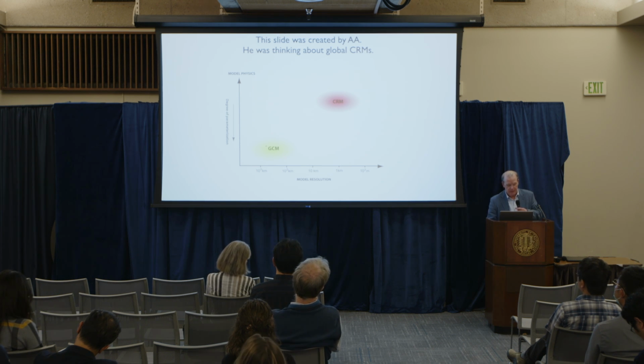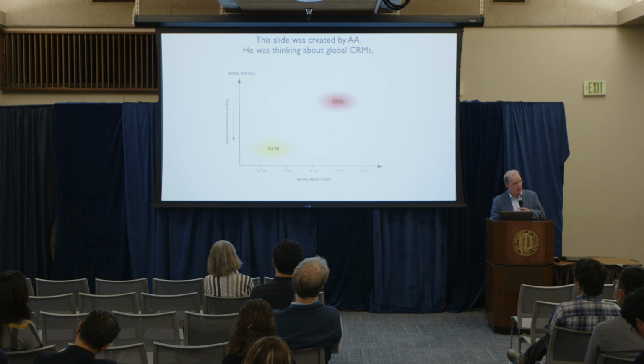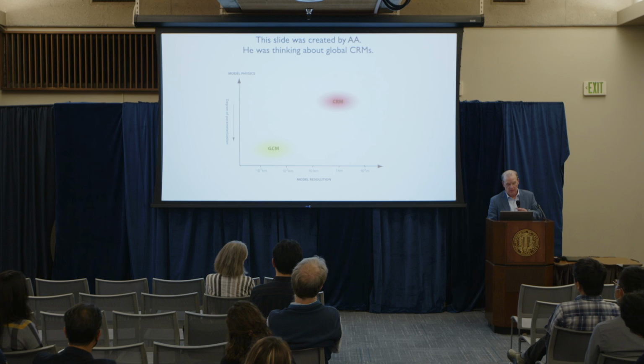So a GCM in the sort of old-fashioned sense would live over here in the hundreds of kilometers grid spacing area, maybe extending over into 50 or something. A cloud resolving model, CRM, lives over here somewhere, so grid spacing on the order of a kilometer or 2 or finer, okay?